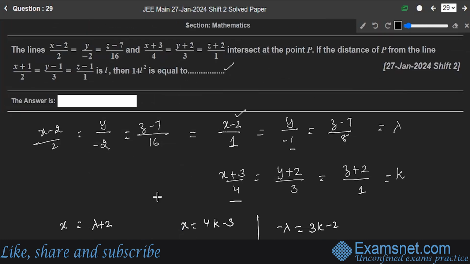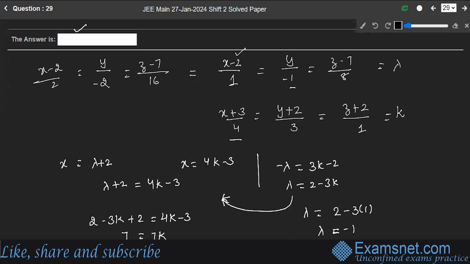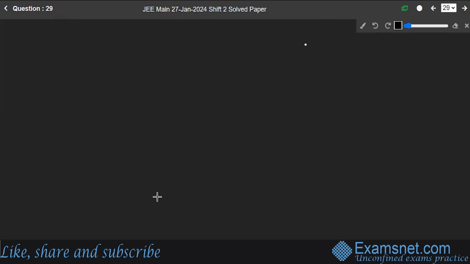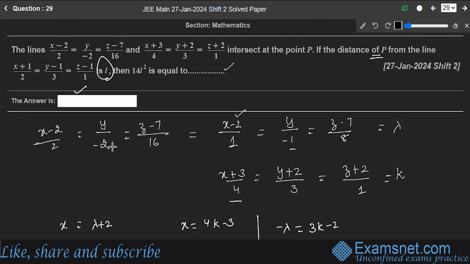And now, if the distance of P from this line is L, I have got P, so let's find out the distance of the point P, which is (1, 1, minus 1), from this line. Which was the line?